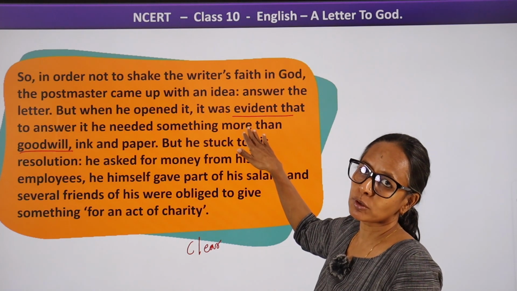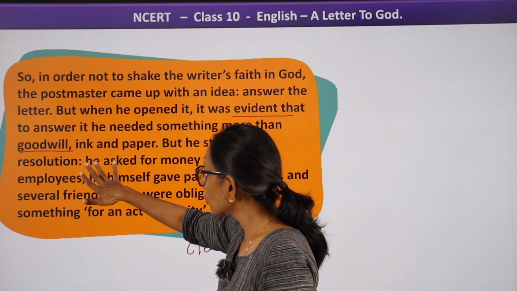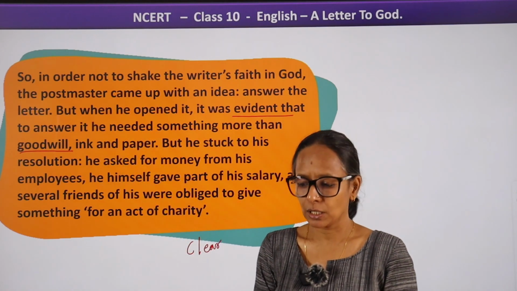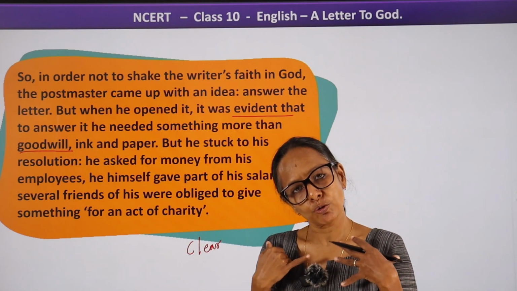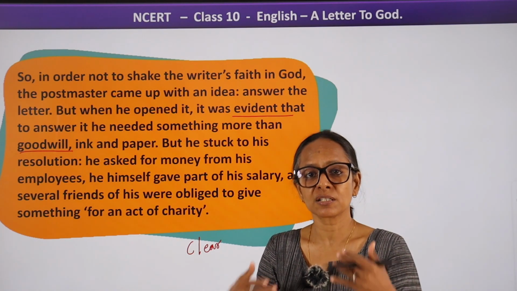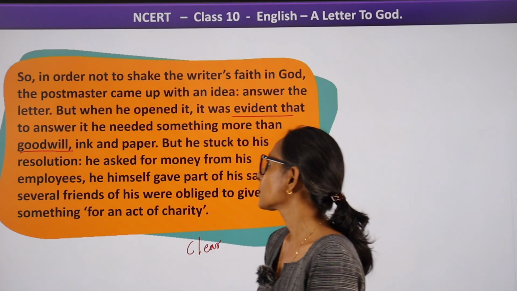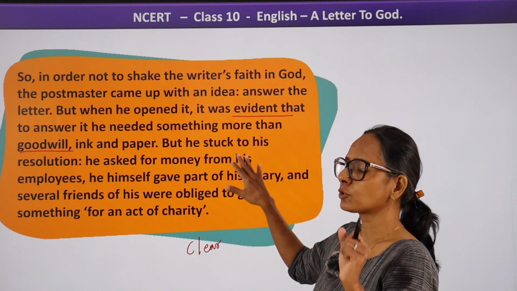What was that something more? It was 100 pesos. He needed something more than goodwill, ink and paper. So he now only has goodwill, good intention, ink and paper with him. But what was needed? Something more was needed. What was that something more? It was 100 pesos. But he stuck to his resolution.